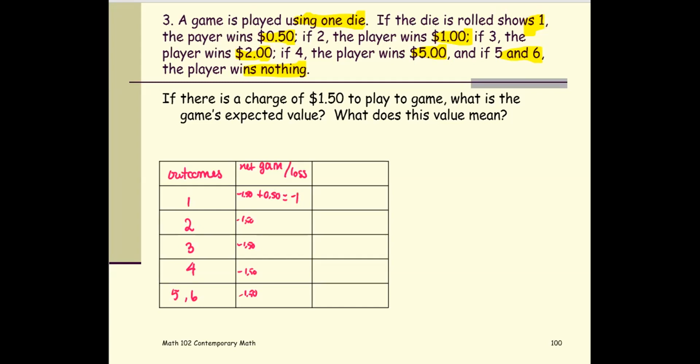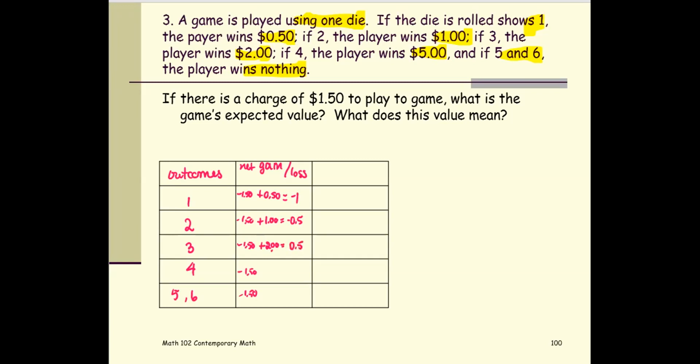If the die shows the number 2, the player wins $1, so we gain $1. So the net gain will be -0.5 for the second outcome. If the die shows the number 3, the player wins $2, so we gain $2, and the net gain is -1.5 plus 2, or 0.5.